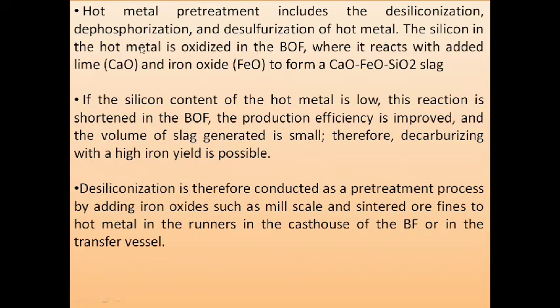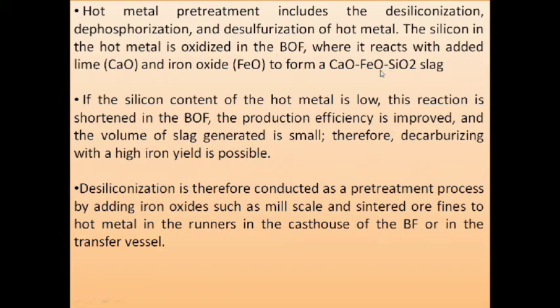The silicon in the hot metal is oxidized in the BOF. During blowing, it reacts with lime and iron oxide to form slag. The slag consists of calcium oxide, iron oxide, and SiO2.